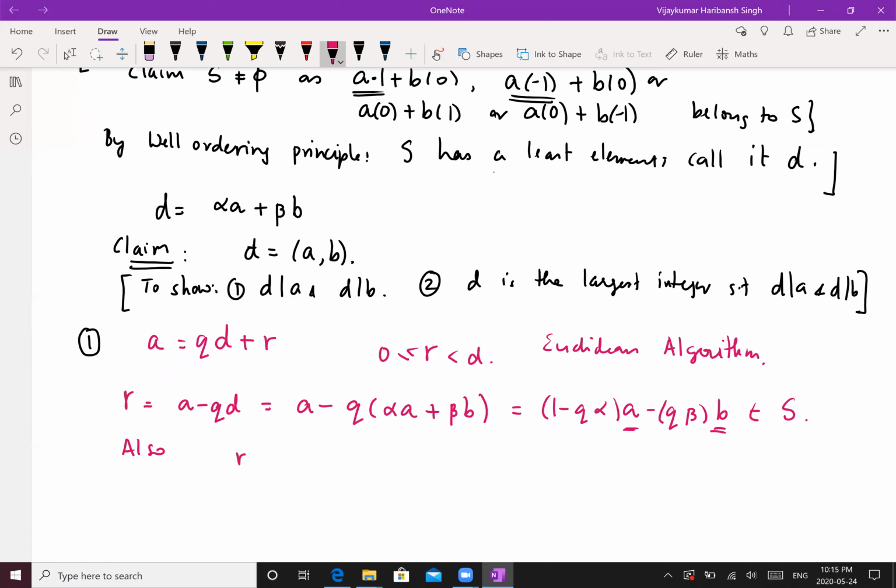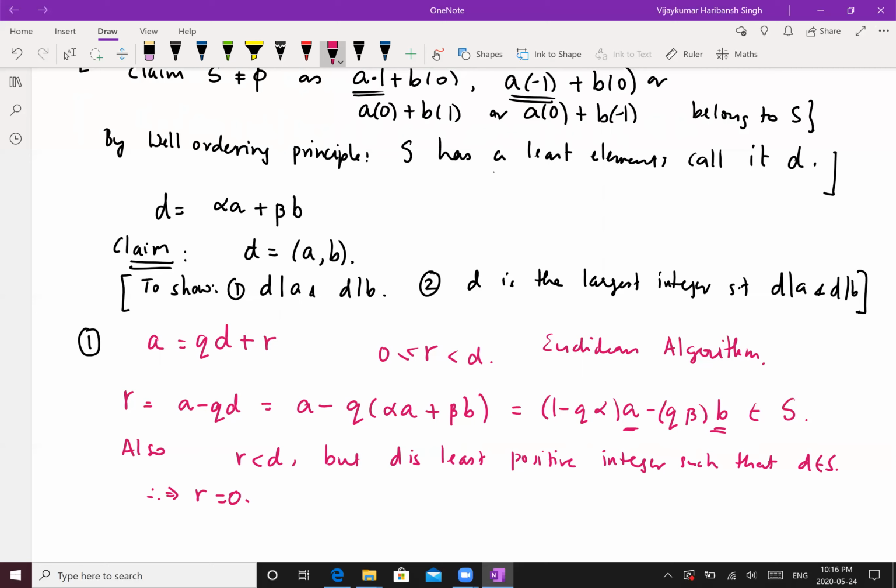Also, r is less than d, right? But d is the least positive integer such that d belongs to S. So therefore, r cannot belong to S, and the only way that can happen is r must be 0.